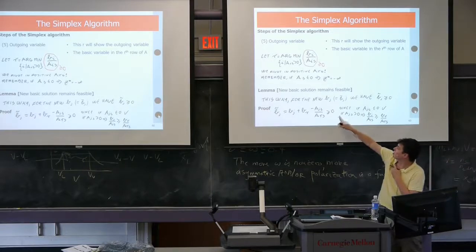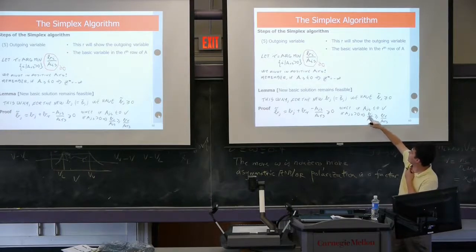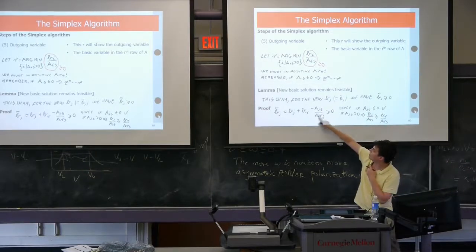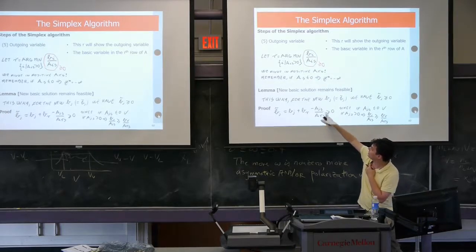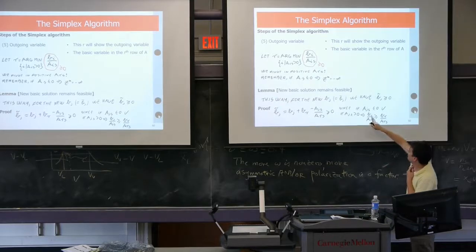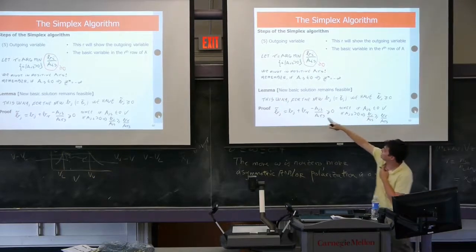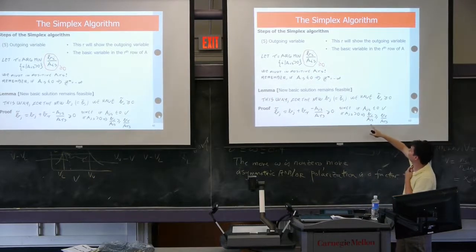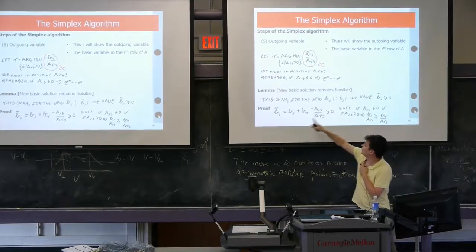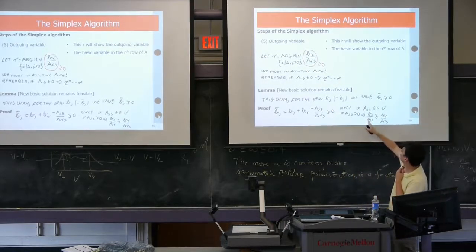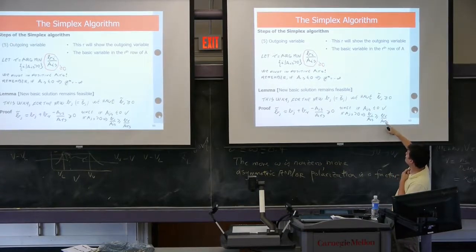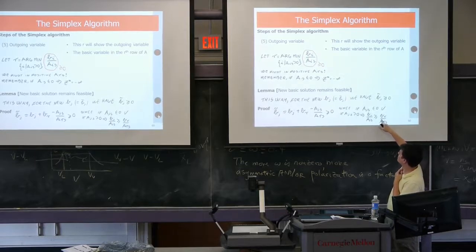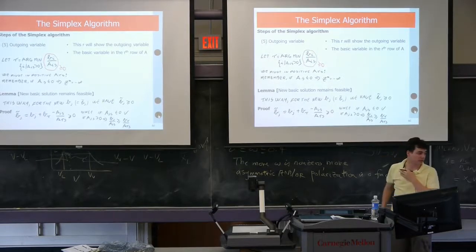Its proof is really just these two lines. If A_jS is non-negative, then because A_rS by definition is positive, this is non-negative. And if A_jS is positive, then this expression has to be non-negative because we choose R according to this rule, so that R will always be less. So B_r over A_rS will always be not bigger than this expression here.